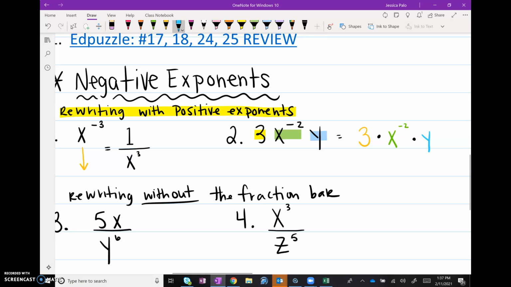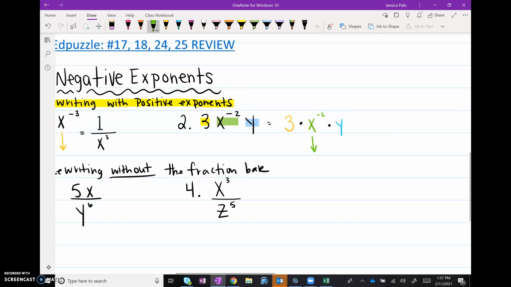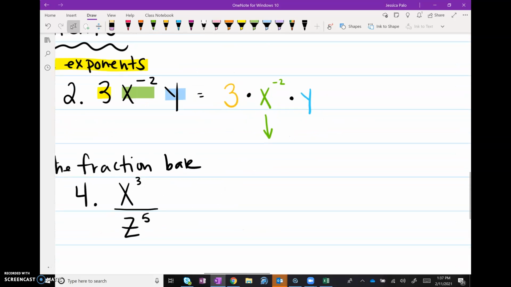There is one negative exponent here. That one negative exponent is what needs to go into the denominator. So the only thing going down into the denominator is x to the negative second. That's going down into the denominator so it can become positive. So we are left with 3 in the numerator.